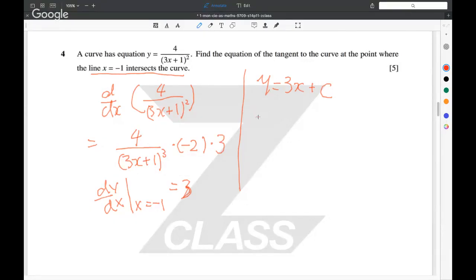So we substitute x equals minus 1, y would be 4 over minus 3 plus 1 all squared, which is equal to, wait a minute. Yep, 1. So that'll give you the correct equation, 3x plus 4.